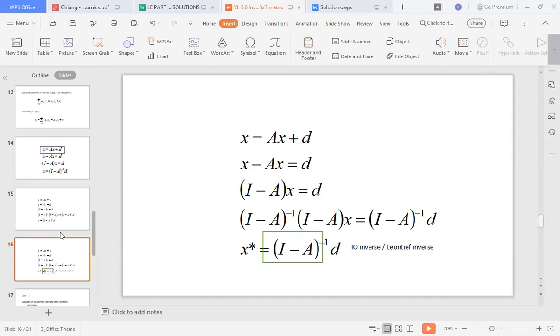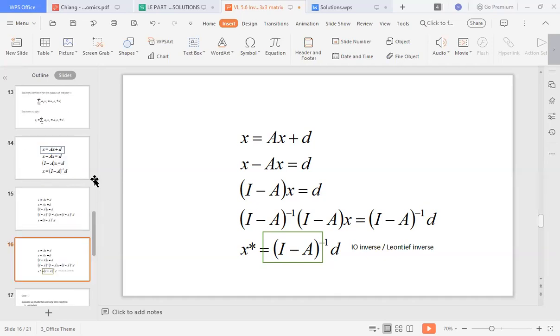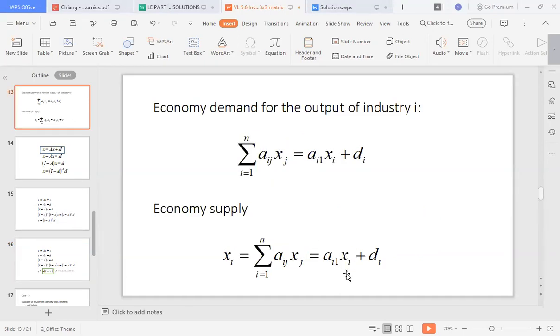Do you have a question on the theoretical side of the Leontief inverse? Now, let me just repeat this one, Tasha. This indicates that we're not looking for an optimization value.